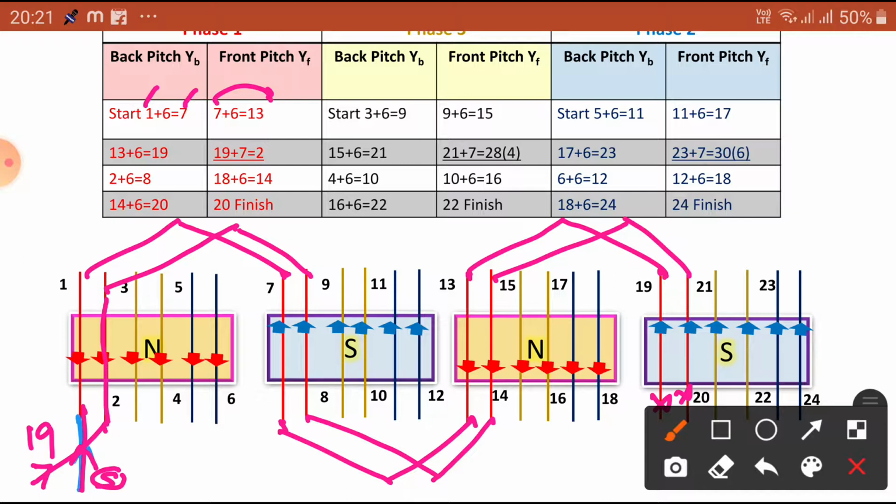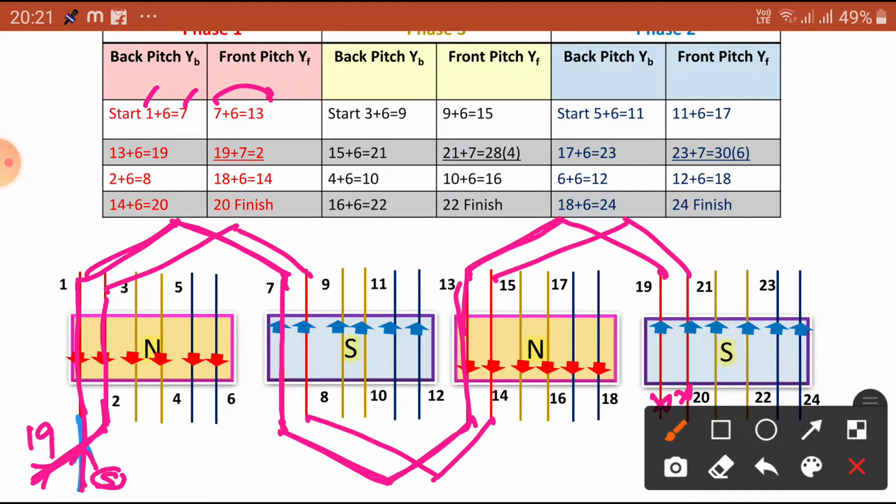So we connected based on the first conductor, here is the start. This conductor starts here and is connected by back pitch to the 7th, and from the 7th conductor by front pitch we connect 7 plus 6, that is the 13th. We connect the 13th conductor, and by back pitch 13 plus 6 is the 19th.